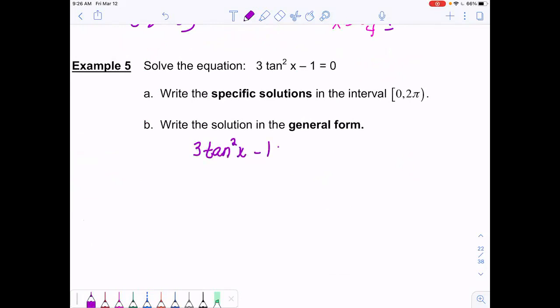What do you think you'd do with that -1? Move it to the other side. Yeah, we just have a tangent squared. So let's take that -1 to the other side. And then Leah, what else do you think you'd do? Divide by 3.